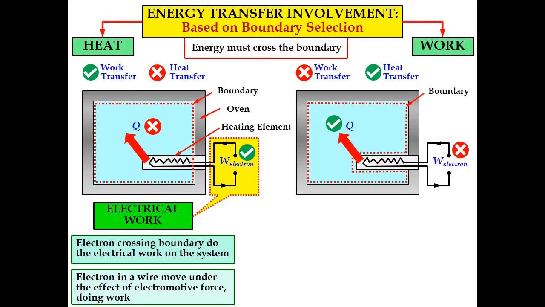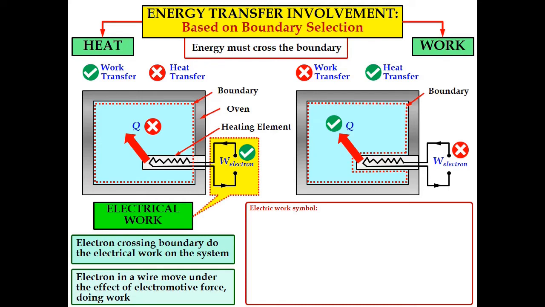In terms of the symbols we use to represent electrical work, capital letter WE represents electrical work, with the unit kilojoule, and small letter we, with the unit kilojoule per kg, represents the electrical work per unit mass. And the last one, WE dot, represents the rate of electrical work, or power, with the unit kilojoule per second or kilowatt.